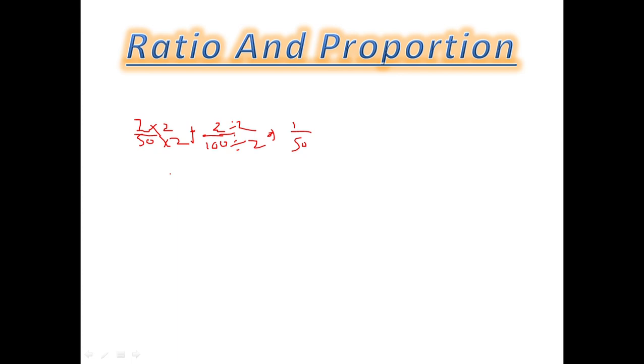So I am solving the first example. Example number 1. There are 20 girls and 15 boys. What is the ratio of the number of boys to the number of girls?